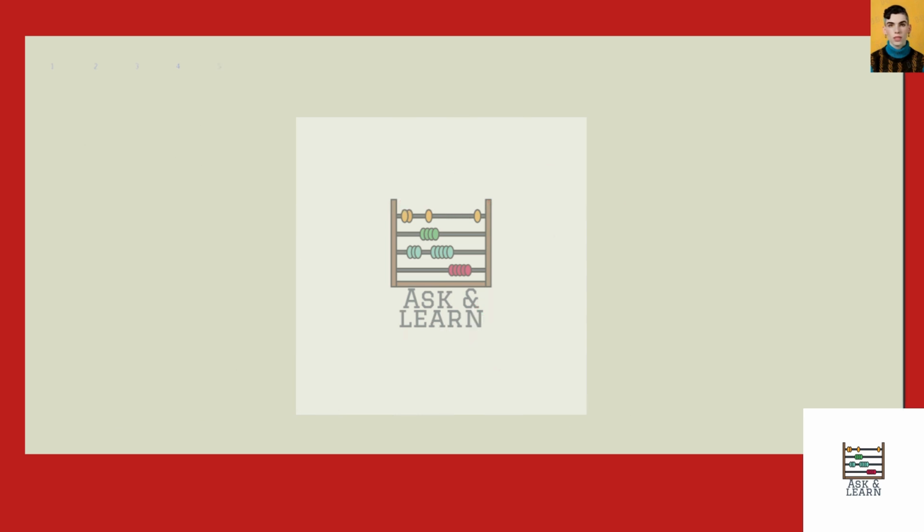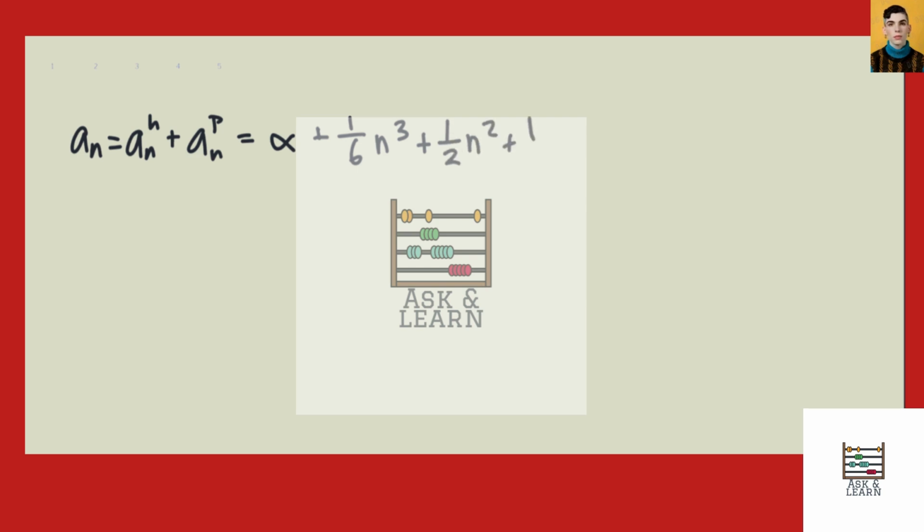And so now we just have to combine our particular and homogeneous solutions. So our homogeneous one was just alpha, and we add that to 1/6 times n cubed plus 1/2 times n squared plus 1/3 times n.